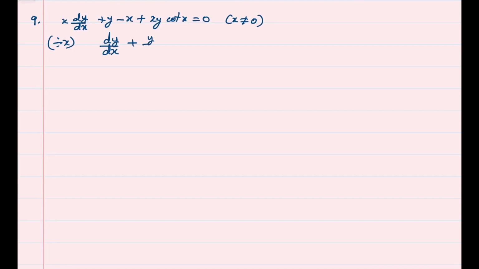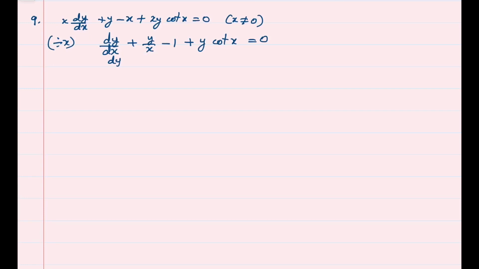Question number 9. X dy by dx plus y minus x plus xy cot x equal to 0, where x is not equal to 0. We will divide the whole equation by x to bring it to linear form. Dy by dx plus y by x minus 1 plus y cot x equal to 0. Now we will combine these two y terms.